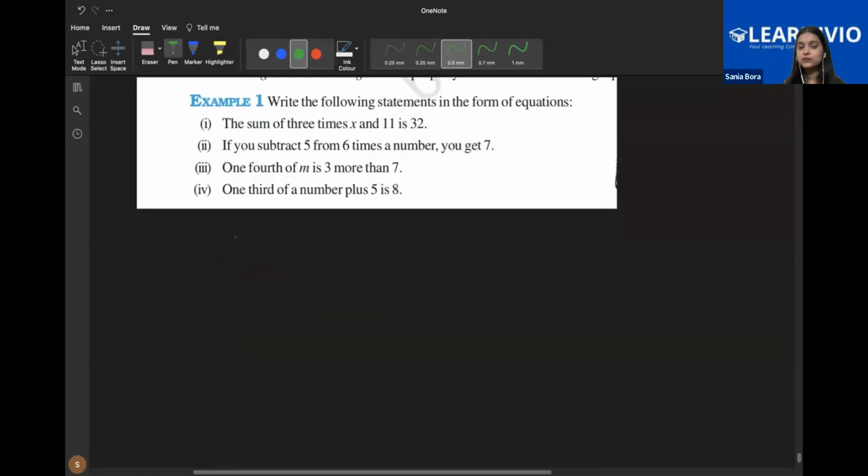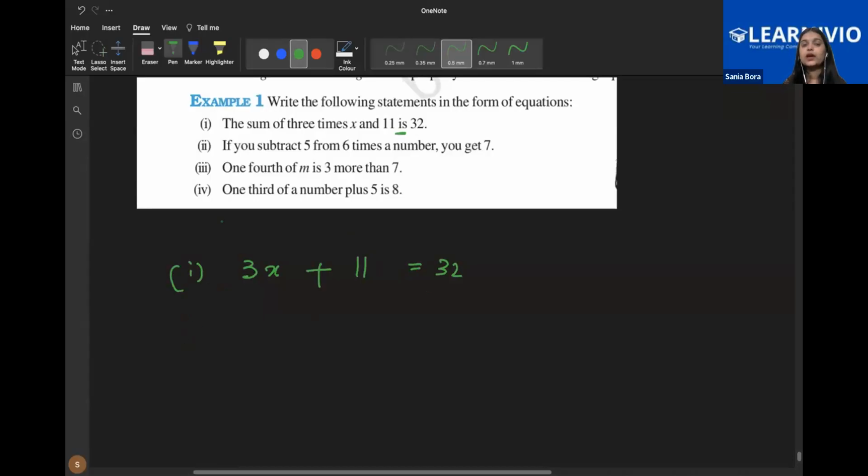So 3 times x is 3x, right? And 11 is 32. Whenever they are saying is, that means equals to. So the sum of 3x and 11 is 32. So this is how we form the equation.